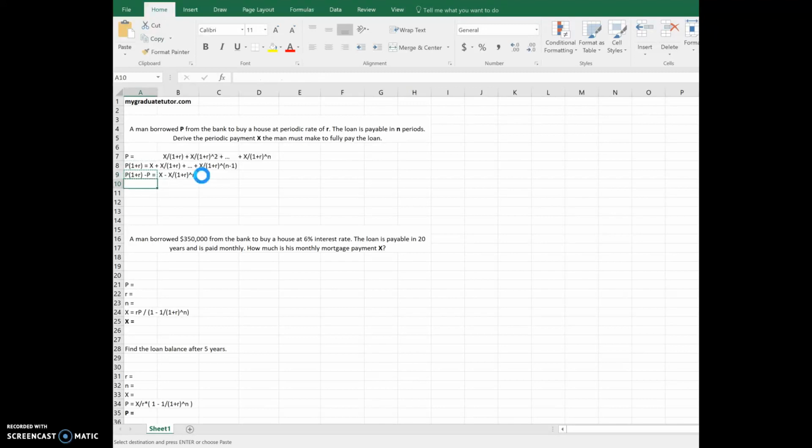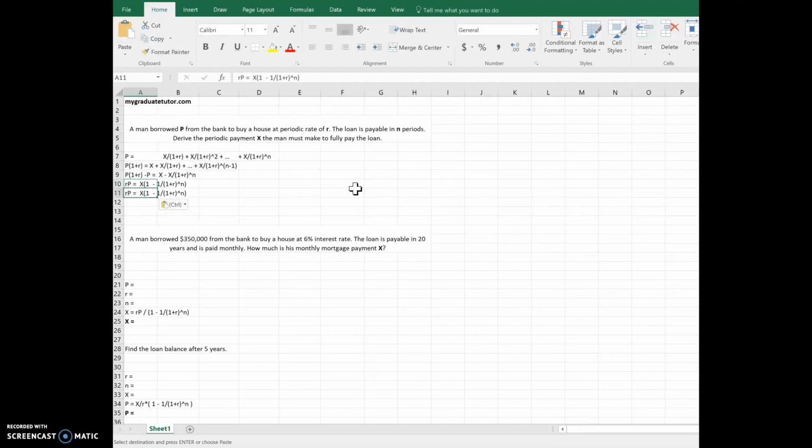Okay, so now we can simplify this. P times 1 plus r minus p will be r times p. And then we can factor out x, say 1 minus 1 over 1 plus r to the n. Okay, and then we can solve for x here.